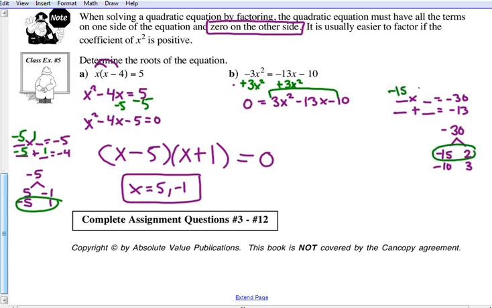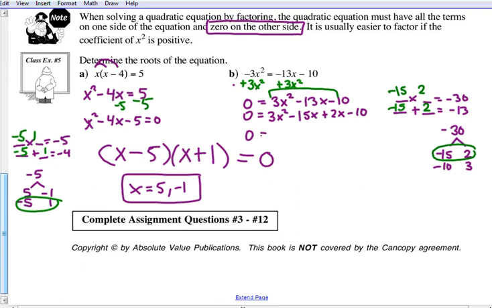So it has to be negative 15 and positive 2. Now in complex, what do we have to do? When we factor complex, can we go straight to the brackets? Replace the middle term. So 3x squared, instead of writing minus 13x, minus 15x plus 2x minus 10.